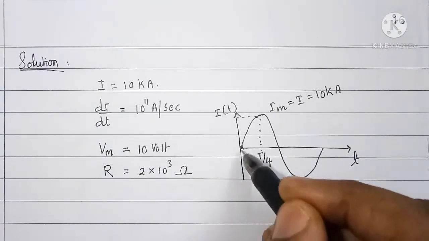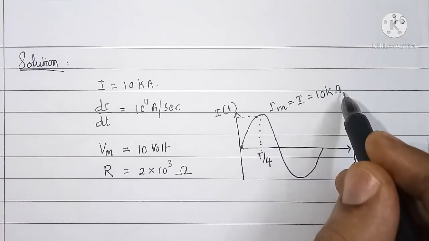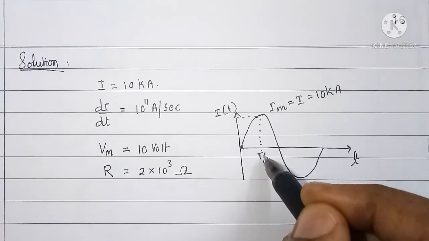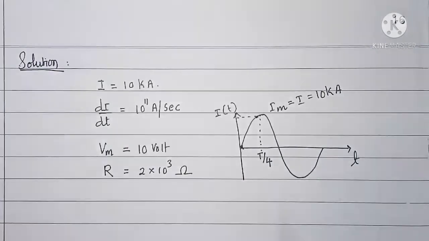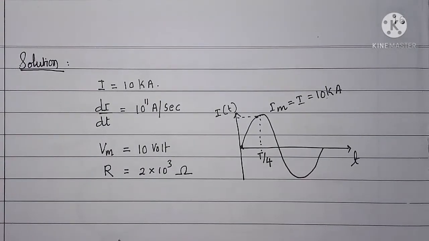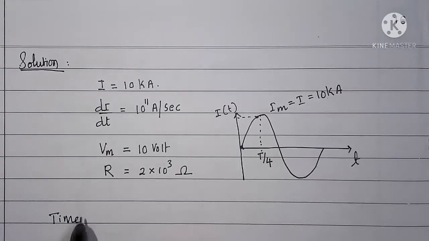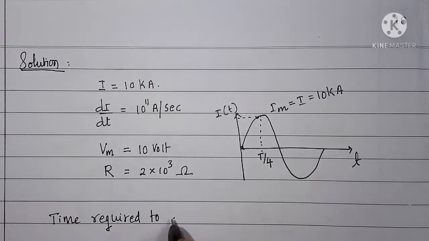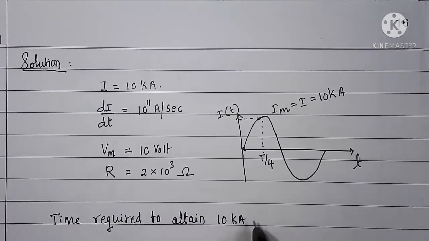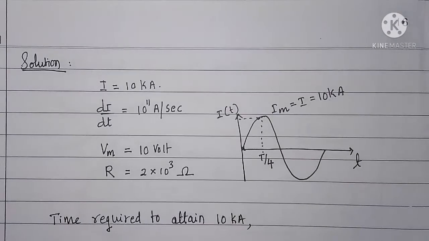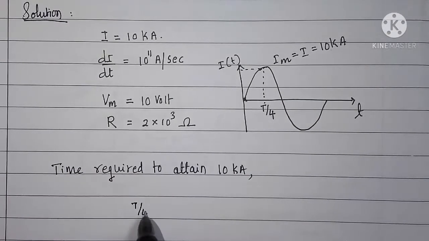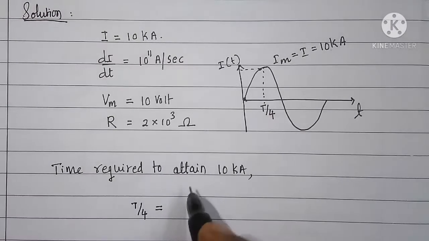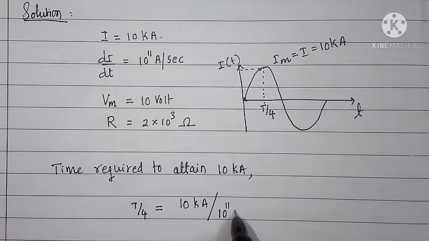That means for the current to reach 10 kiloampere value, the time required, that is T by 4, may be calculated as T by 4 is equal to 10 kiloampere by 10 raised to 11 ampere per second.